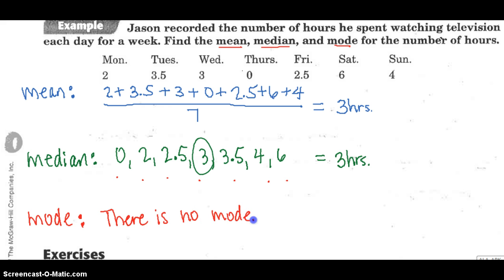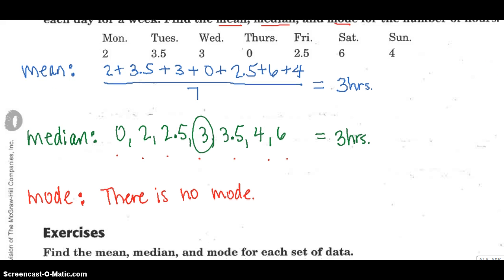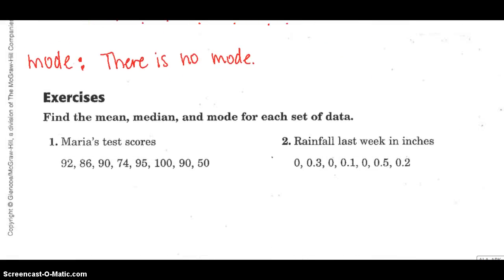No number occurs most often. So if he had spent 3 hours twice a week or 2 hours twice a week, if anything had occurred more than once, it would have been our mode. But for this example, we do not have a mode.